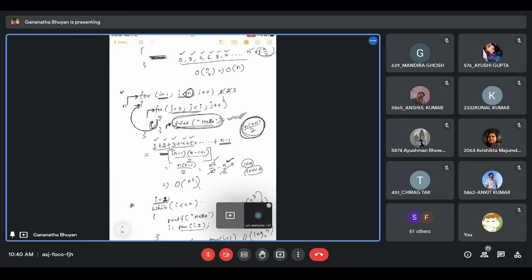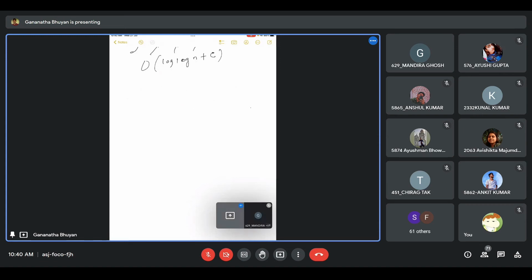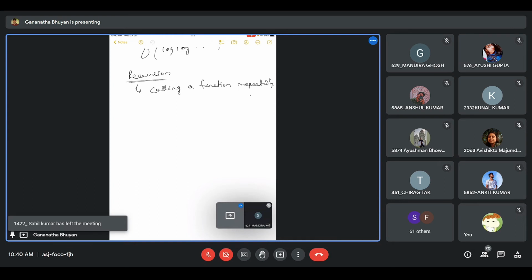Okay, so what else? This is one example. Everyone knows recursion? Yes, sir. Recursion is basically calling a function repeatedly. Iteration and recursion are exactly the same thing. In iteration, what do we do?